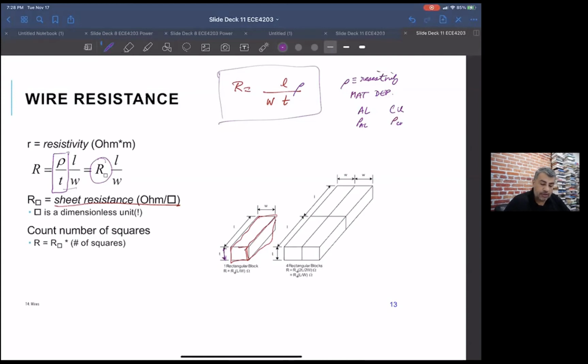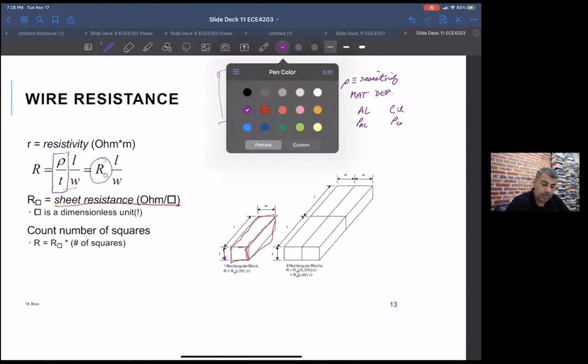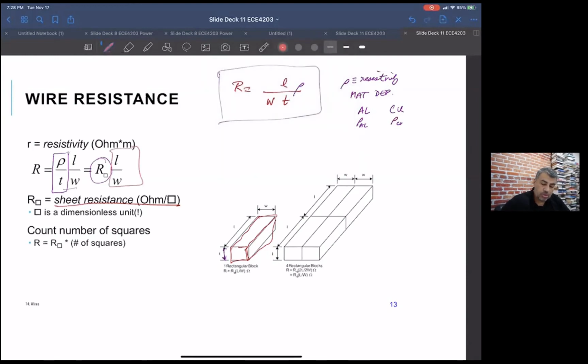Because if you just look at the L and the W, from the top, let's say I have a metal line that is, I don't know, 300 microns long, and it is 100 microns wide.